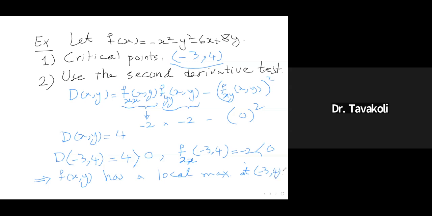We have no local minimum, no saddle point, and the second derivative test was conclusive because it is inconclusive if D at the critical point becomes 0, but D at (-3, 4) is 4. It's not 0, so the test is conclusive. Just a little correction up there: this was f(x, y), obviously. It was a function of two variables.